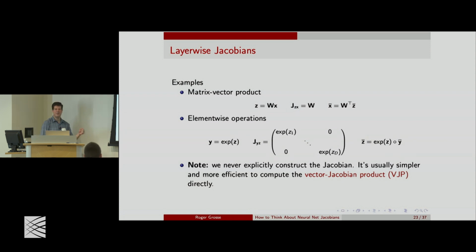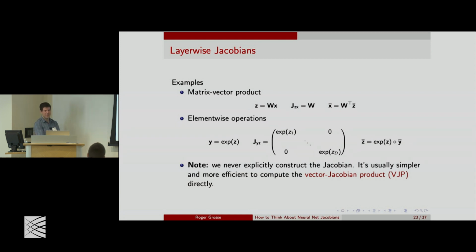And so when you multiply by the Jacobian, the diagonal matrix times a vector is just an element-wise product. And so this is an example of how, even though conceptually what we're doing is multiplying by individual layer Jacobians, we never want to construct those Jacobians explicitly. There's no reason to construct this diagonal matrix. You'd rather just define an operation to multiply by it.